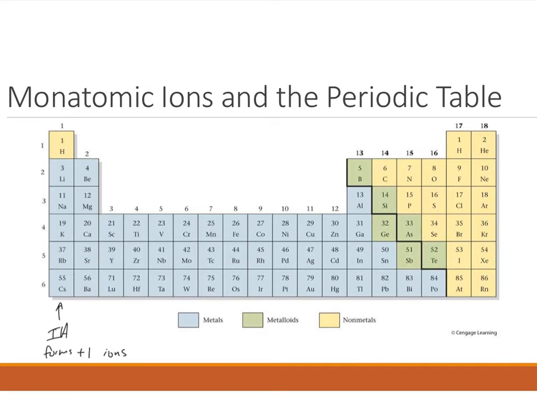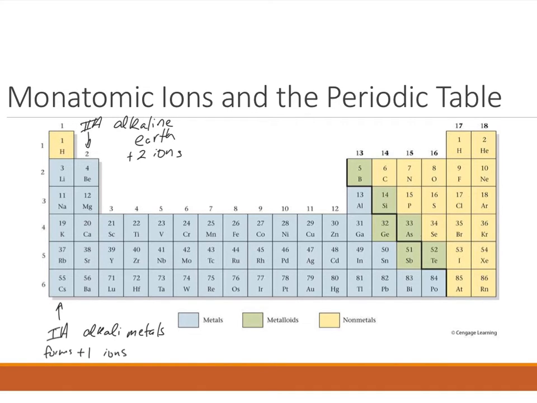This group is also known as the alkali metals. So if I say, what is the charge on an alkali metal ion? You would say +1. Let's talk about group 2A now. For group 2A, these guys are known as the alkaline earth metals, and they form +2 ions. Okay, so group 1A forms +1, group 2A forms +2.